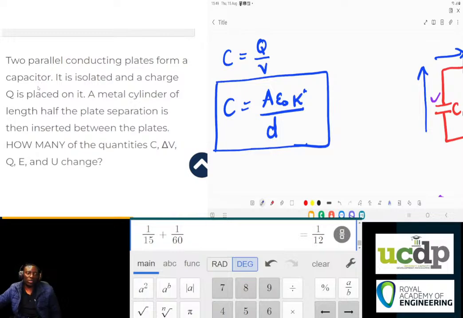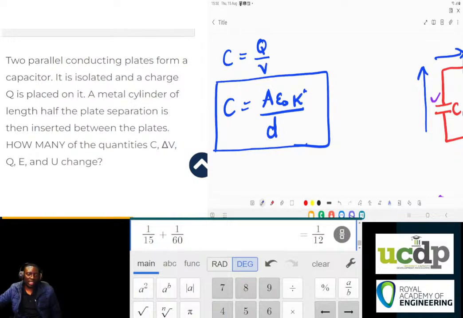They are charged using a battery or a DC source, you charge the capacitor. But after that, you isolate them or disconnect them from the battery. So the charge remains on the capacitor. Now that we have charged this system and isolated it, we no longer have any further supply of charge. We are dealing with the charge that has already been deposited onto this capacitor.